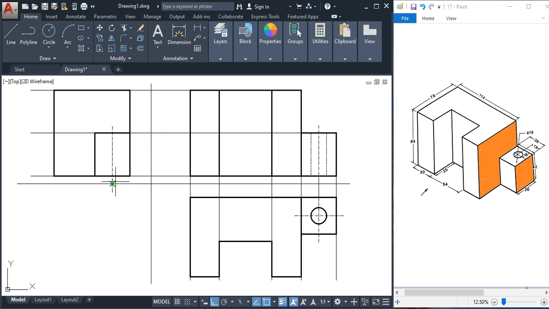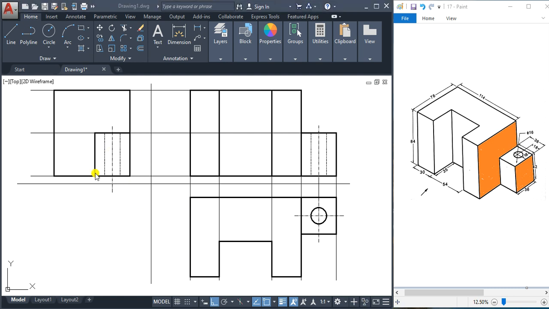So from this center line 8 mm to the right a vertical line here, and the same way 8 mm to the left of this center line, and we'll join like this vertical line, and we'll make them into dotted lines. In the line sheet we can directly draw as dotted lines.